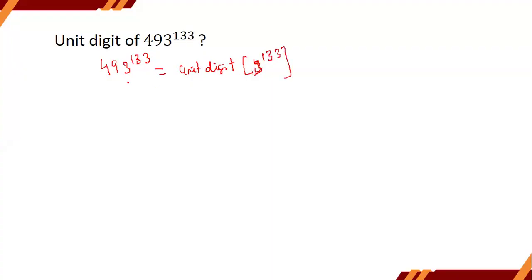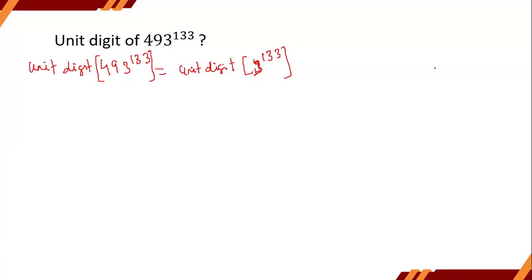So take the last digit of this number. So the unit digit over here is the same as this, okay? So that means we need to figure out the unit digit for 3 power of 133.